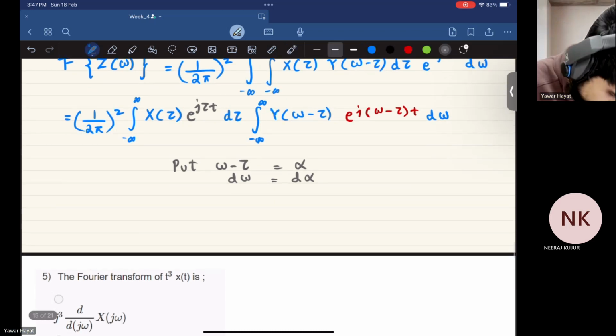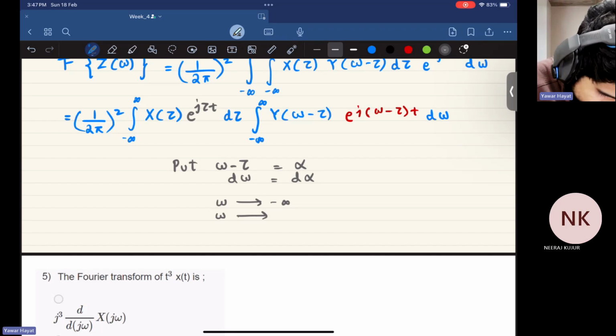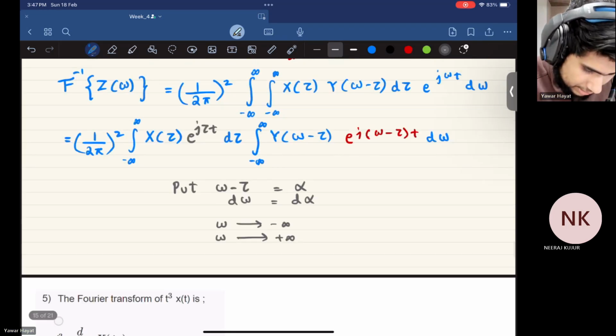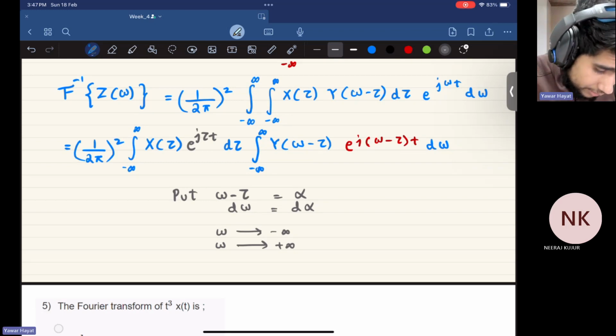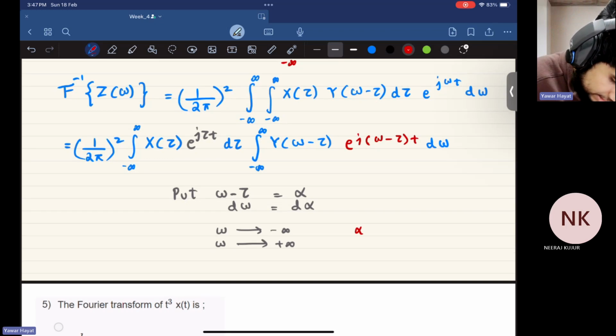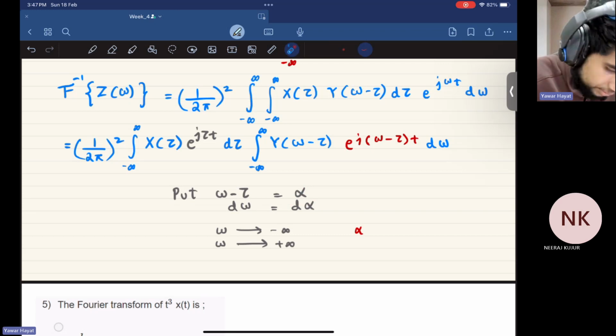So now when omega tends to minus infinity and omega tends to plus infinity, you need to tell me what will happen to alpha, right? Because that is what I'm trying to convert this integral into.